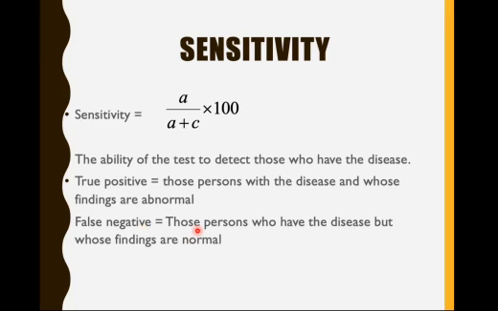Now, class, let me just emphasize to you that the false negative rate is the complementary of sensitivity. Meaning if the sensitivity is 90%, the false negative rate is 10%, because the false negative rate is the complementary of the sensitivity, such that sensitivity plus false negative rate is equal to 100%.